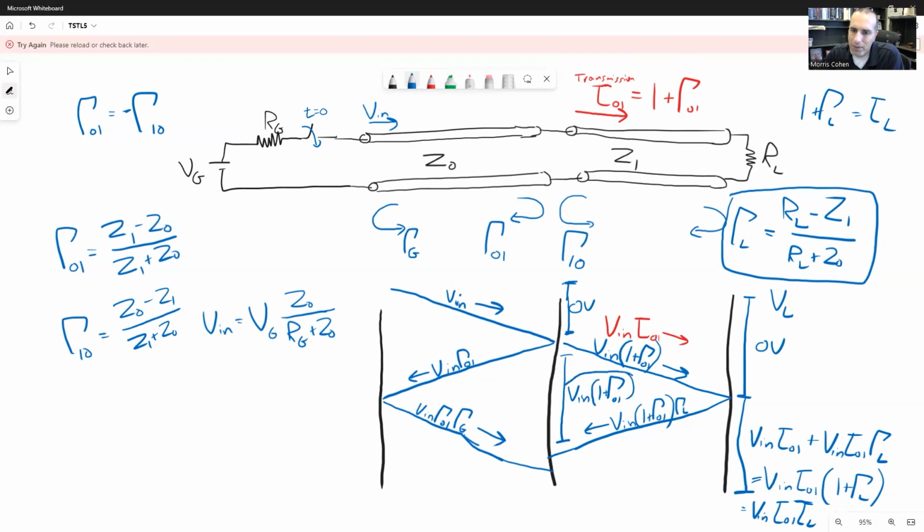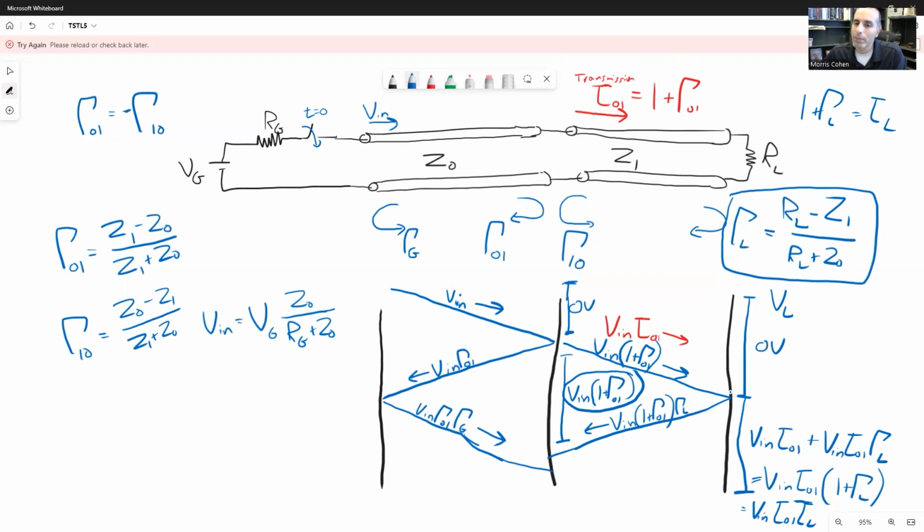That will be the voltage in this section. Notice we do not need to add again the third wave that's launched into transmission line 1. That does not get added in because this new wave that's launched is basically a consequence of the reflection, so we would be double counting if we added this as well.